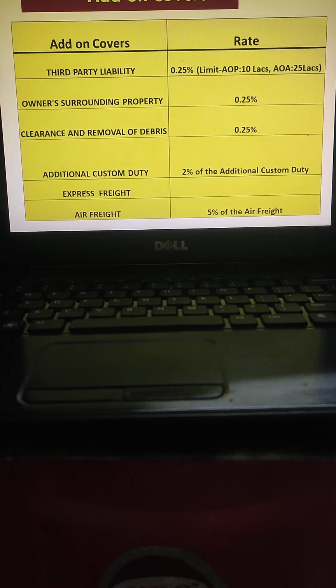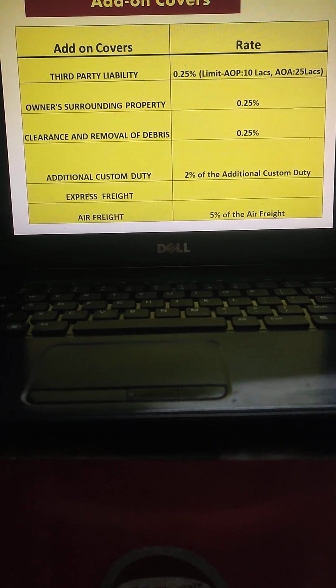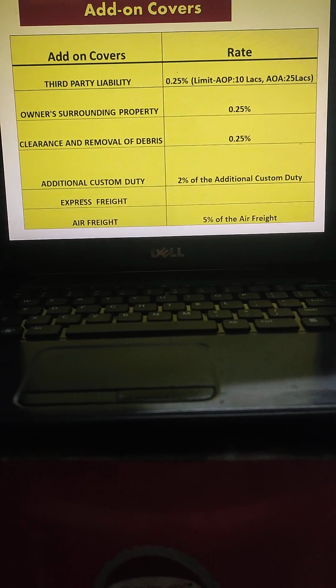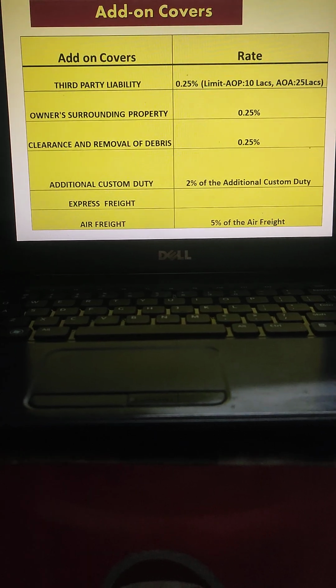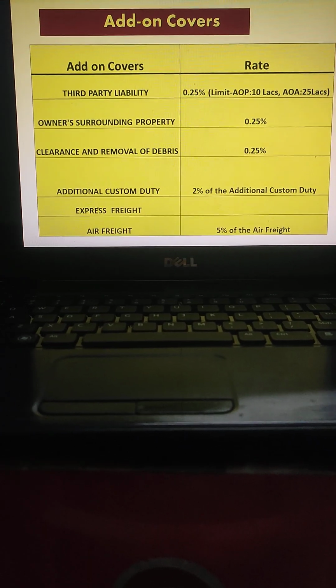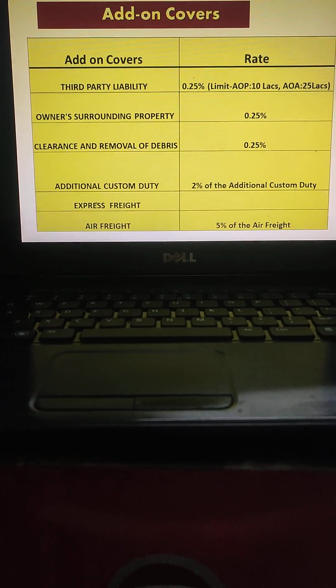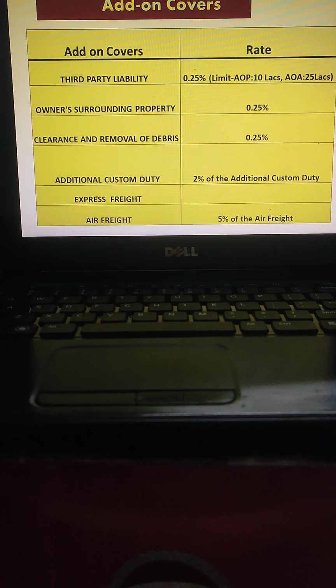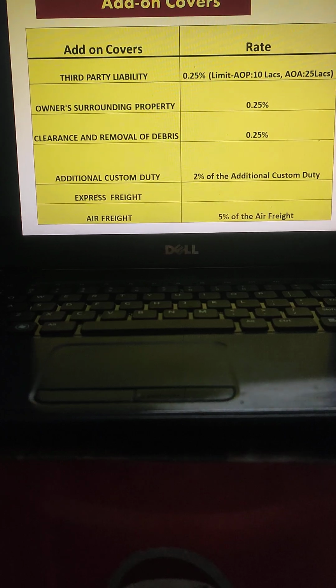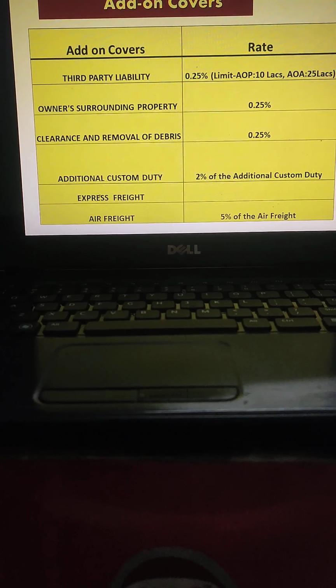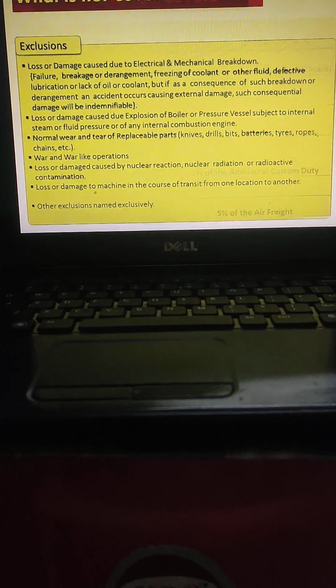So other add-on covers available with this policy are third-party liability, owner's surrounding property, clearance and removal of debris, additional custom duty, express freight, air freight. Premium rate differs company to company, and even the number of add-ons differs company to company. But these are the most common add-on covers which are available with almost all the insurance companies.